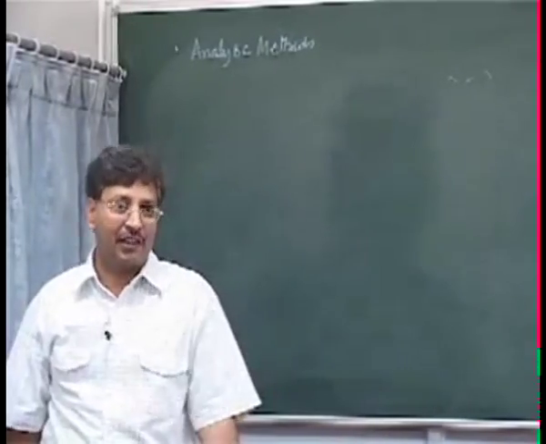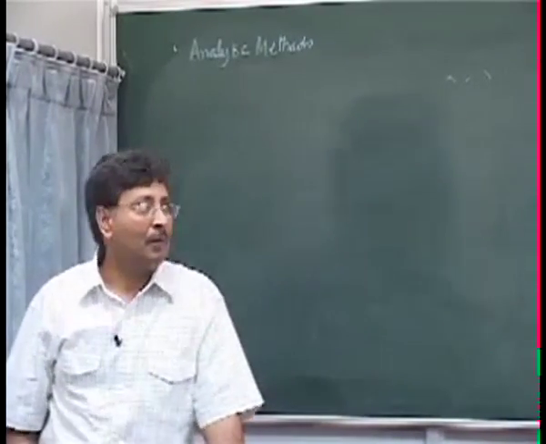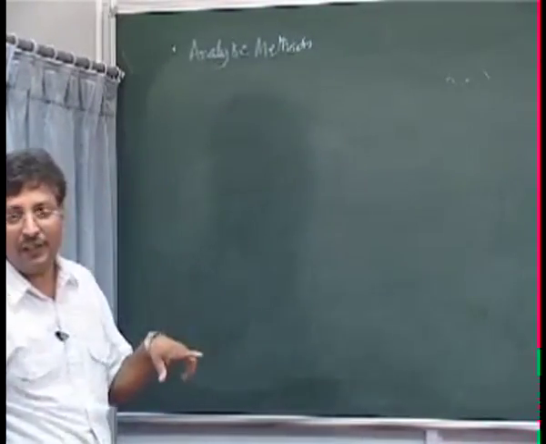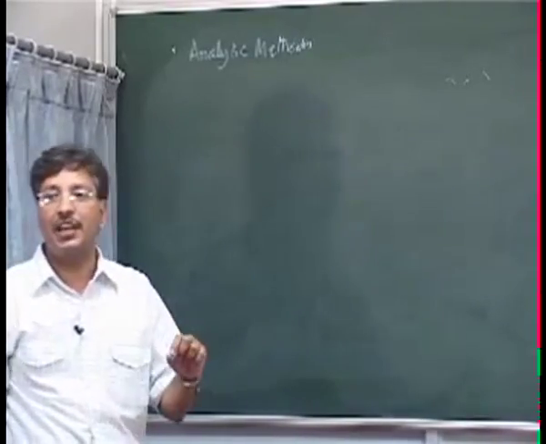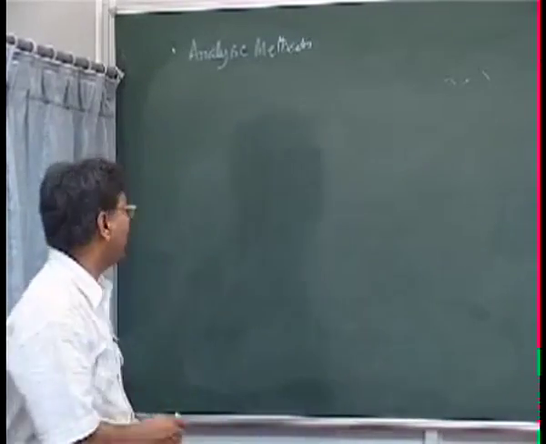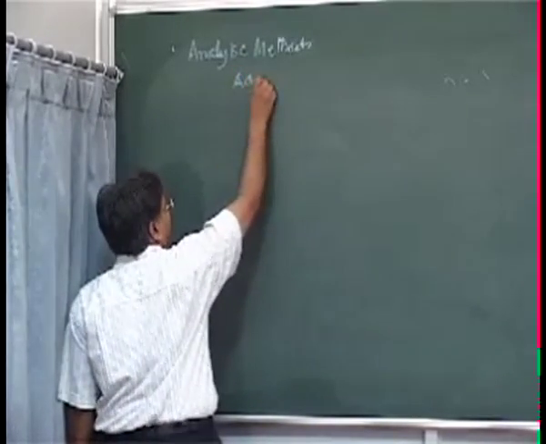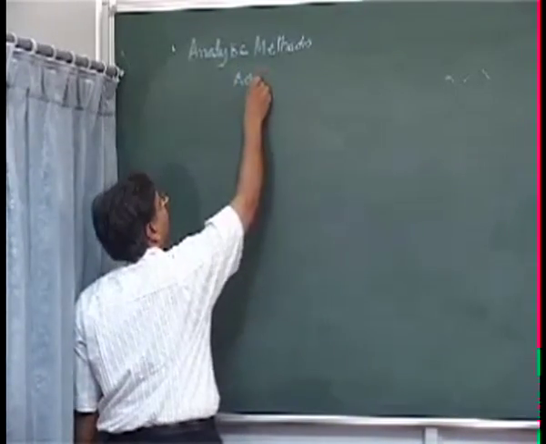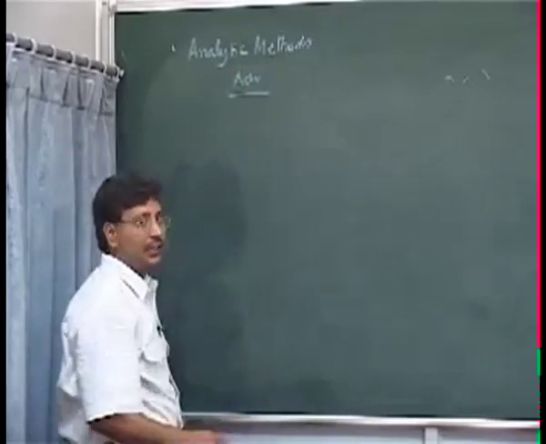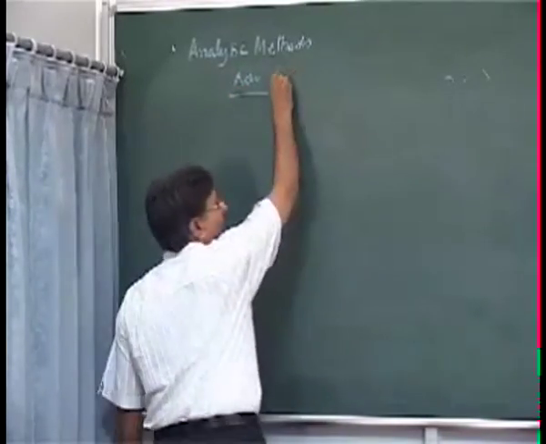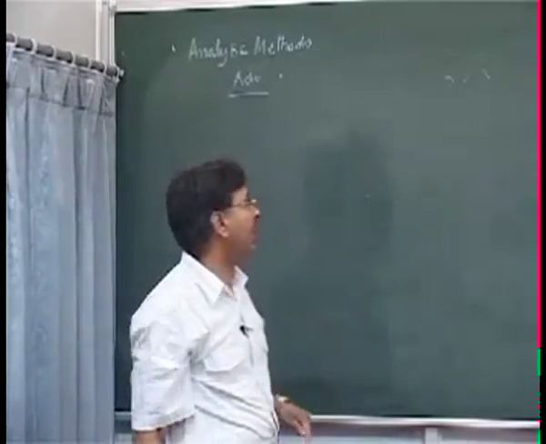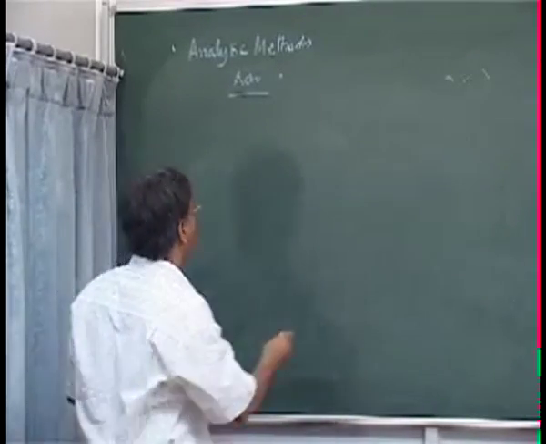I can simplify life and then solve it. But once I simplify the equation, is the equation exact? So the advantage of the analytical method, and we are talking in the context of this equation, don't forget that, is that it is simple.